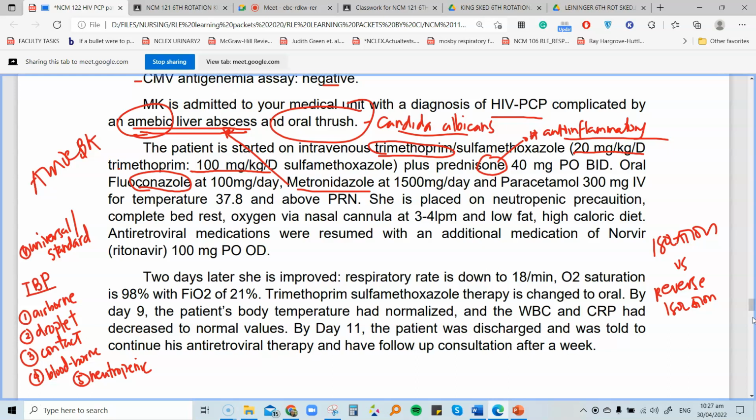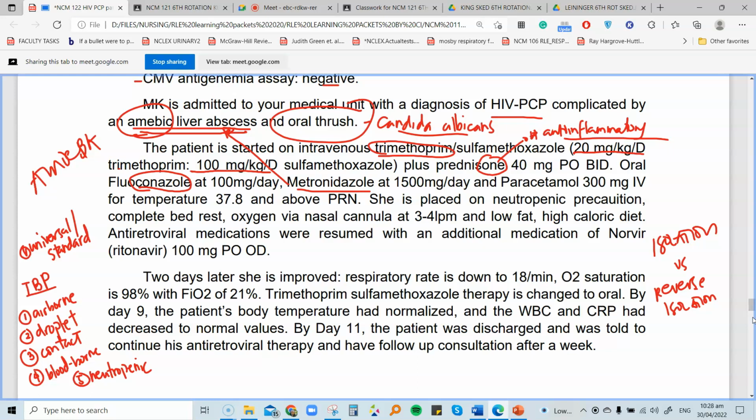How is it done? Transmission-based wise, your airborne precaution is isolation. Airborne transmission-based precaution is called isolation. Examples of these conditions are TB, contagious; measles, contagious; chickenpox or varicella, contagious; COVID, contagious. So if you are a nurse handling that patient, you go to the client's room and protect yourself because he is contagious.